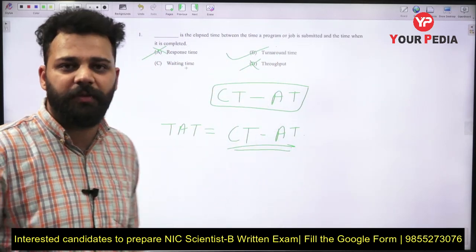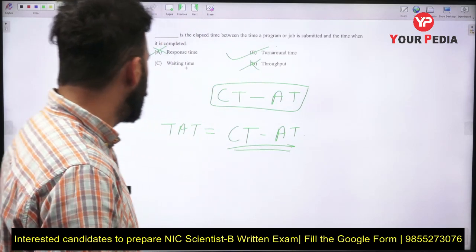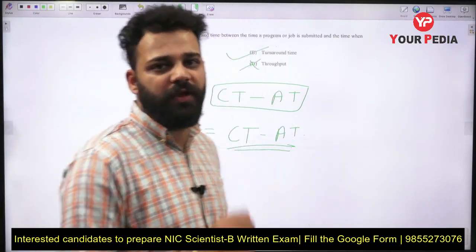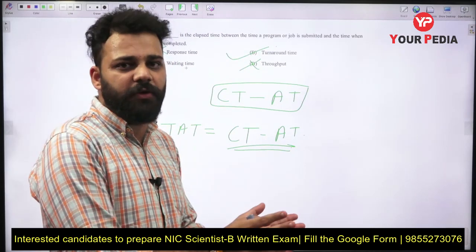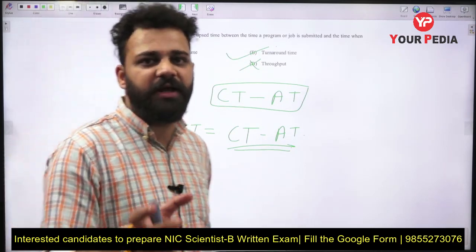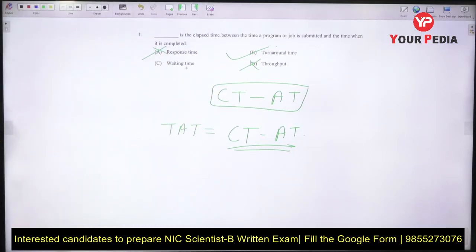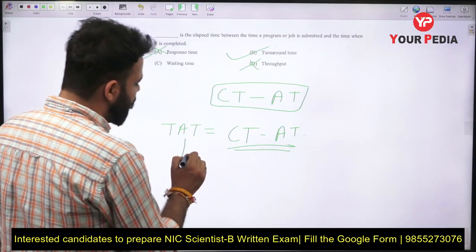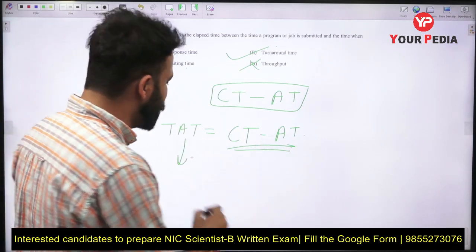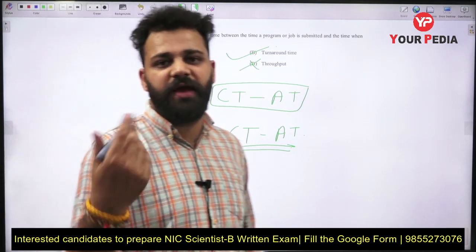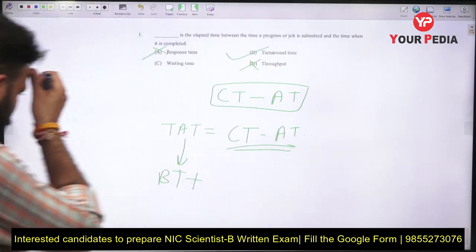If you want to find out the waiting time, all the time when the job was inside the CPU, some of the time it will be executing and some of the time it will be waiting to get into the running state. So turnaround time is nothing but all the time that it spends during execution, which is burst time, and the time for which it waits in order to get into the running state.